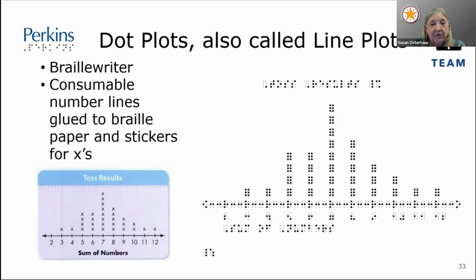If you're the teacher, you could also do this on something like Duxbury. But this can all be done on the Braille writer, or you can use consumable number lines glued to Braille paper and put your stickers for X's. Remember, we're having the students create these, so they have choices. They can do it however, whatever fun way they want to do it.